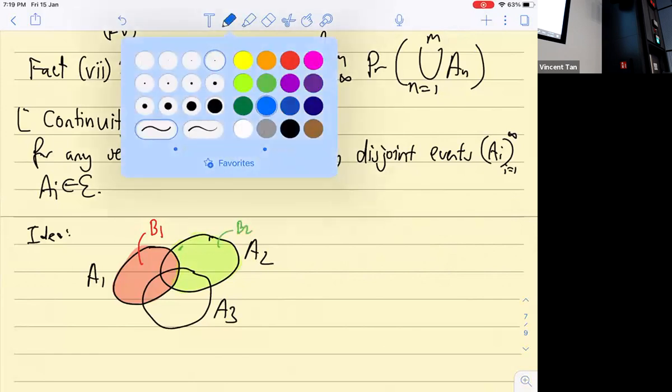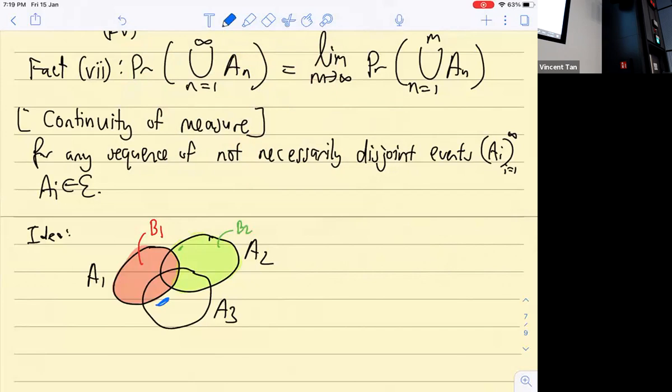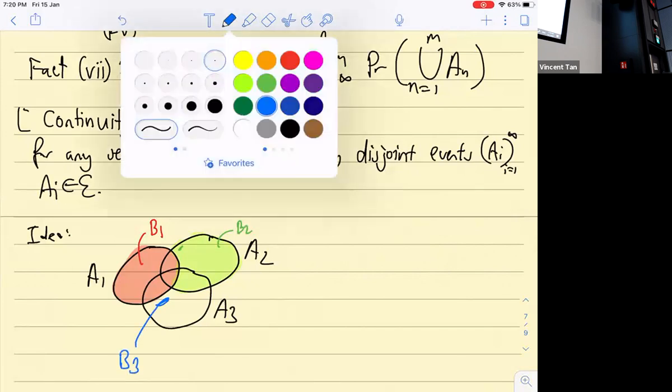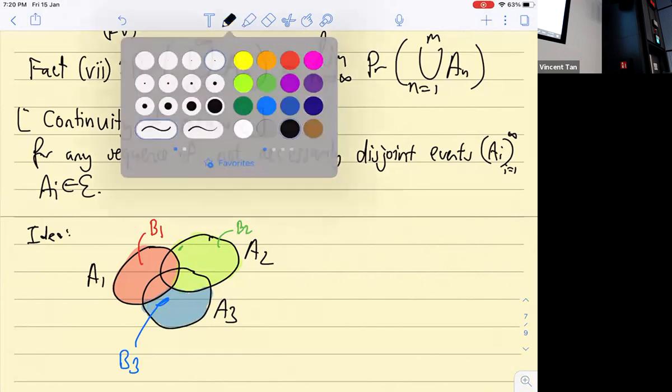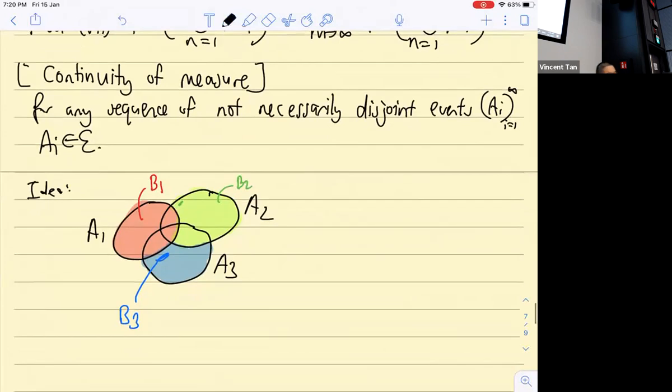And this part here, A3 but not the previous two, we are going to call B3. Beautiful picture, right? So the idea here is that we want to create new events that are disjoint.